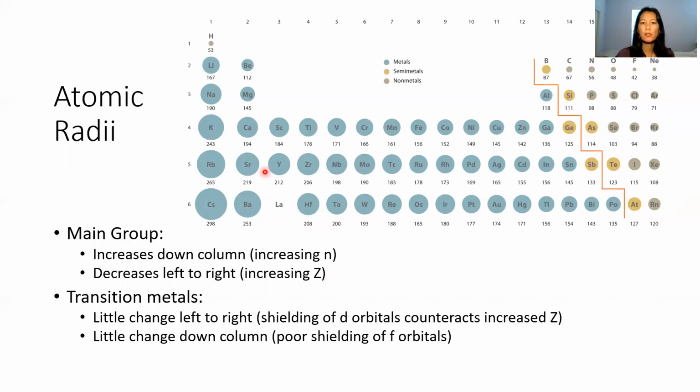In the transition metals, you don't see as dramatic a change. Something is happening. As you go left to right, you are increasing the number of protons, but that's counteracted by something else. You're actually putting electrons in the D block, and D electrons are going to shield.